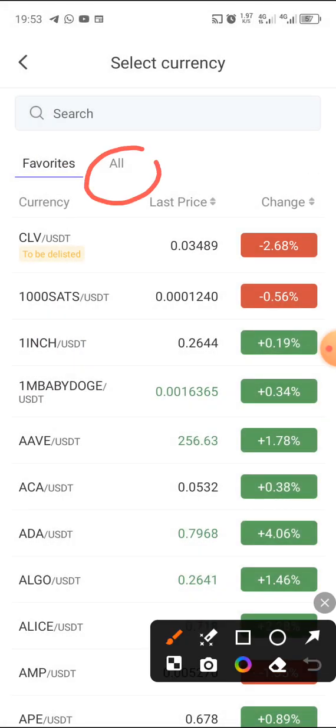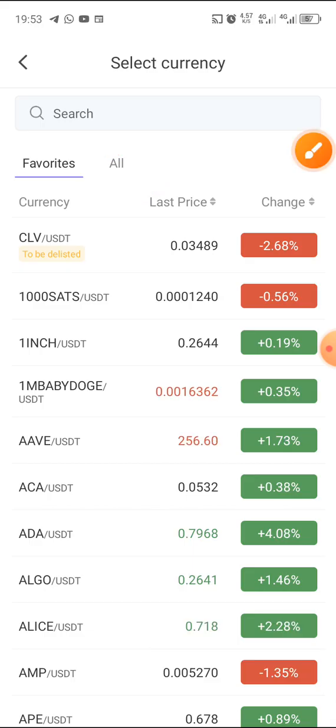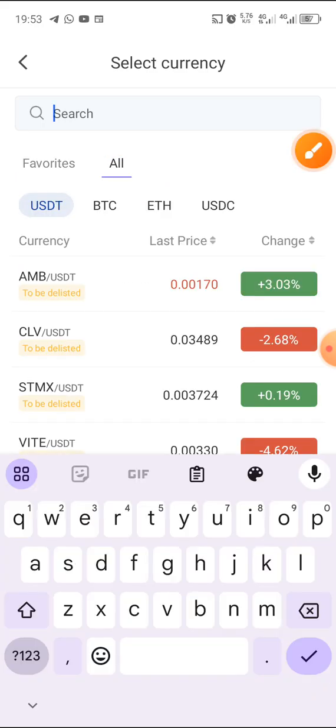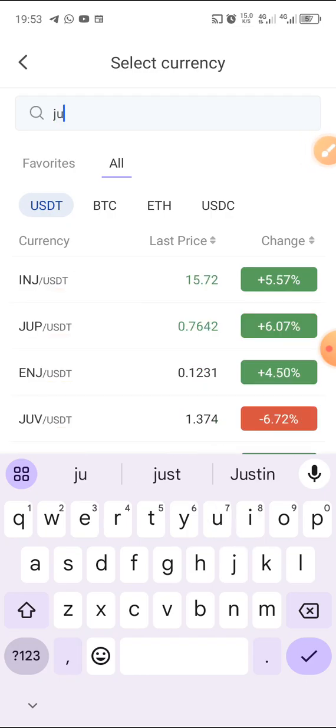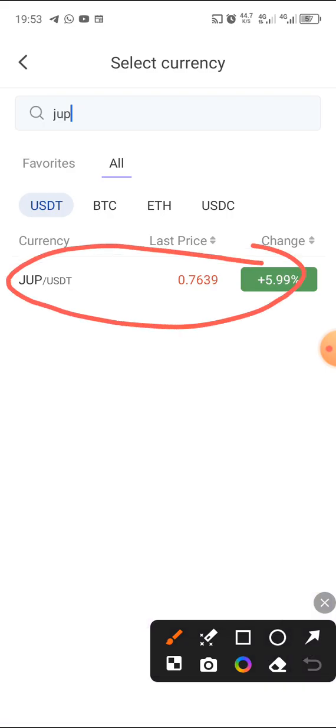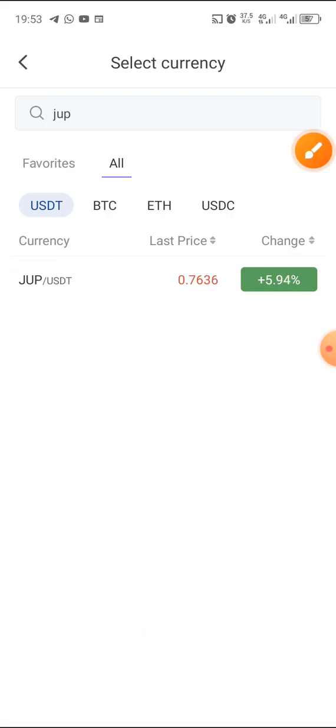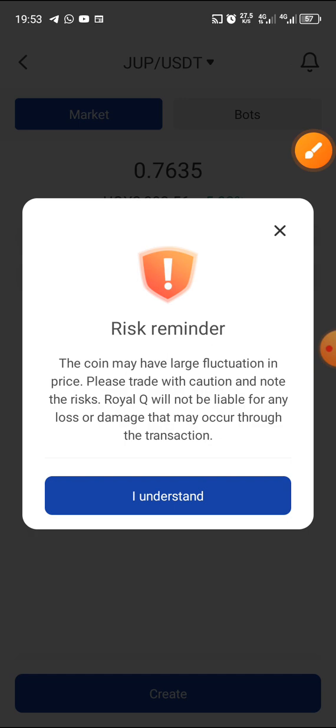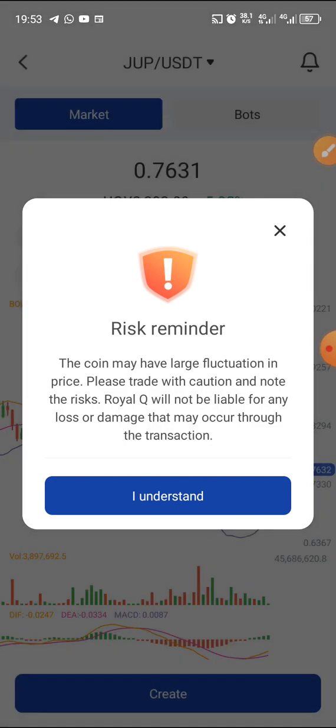Again, you come here all. Then type in the name of the coin, which was Jup. You see, the coin is here. Then you tap on the coin once. It will show you this risk reminder. The coin may have large fluctuation in price, so you don't need to focus much on that.